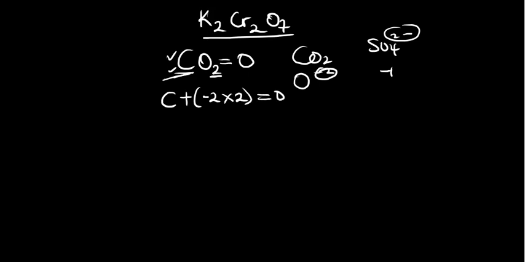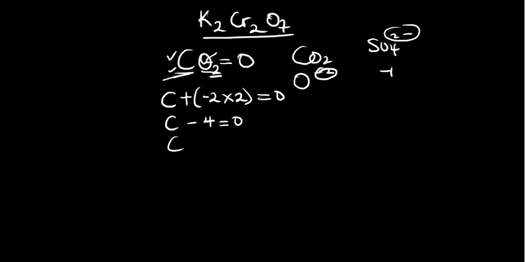You represent the oxidation number of oxygen by -2. How many oxygen do we have here? We have 2 oxygen, so you multiply by 2. It is now C plus (-2 times 2), that's C - 4 = 0.